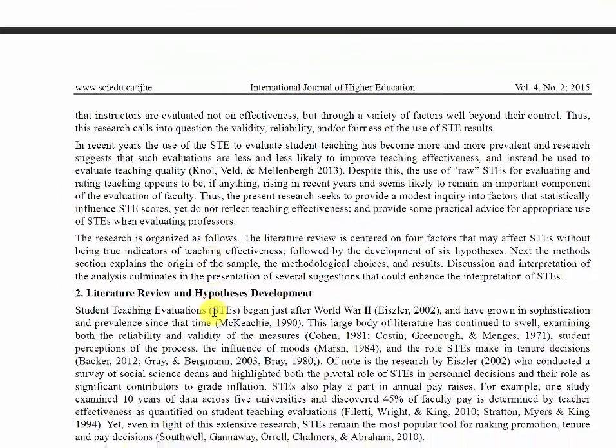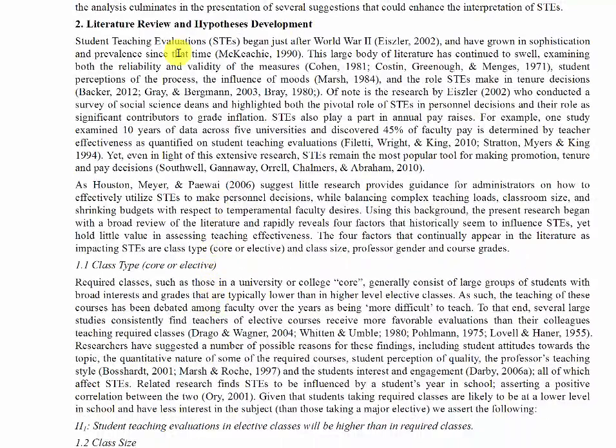Now, the next section is always going to be the literature review. In the literature review, this is going to tell you what has been done before. So this is a great way to find other research on your topic, and it's also a great way to see if your topic's been done before. Here, the first variable is the class type, whether it's core or elective.